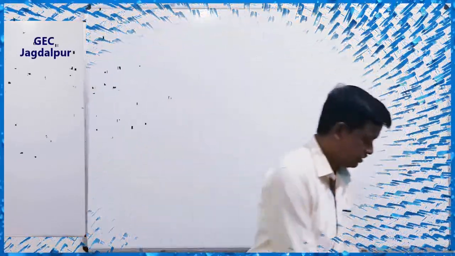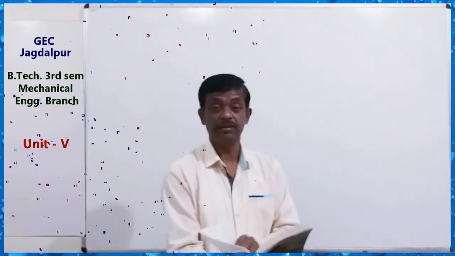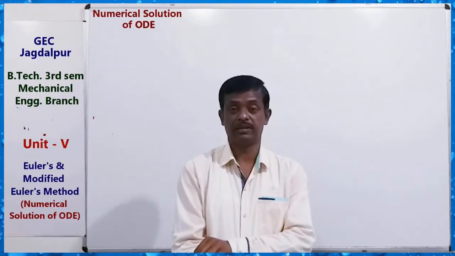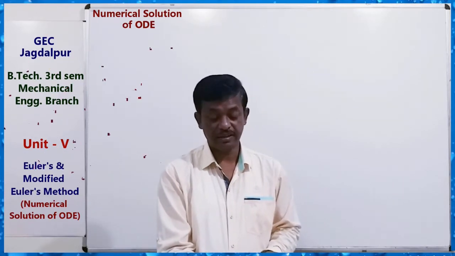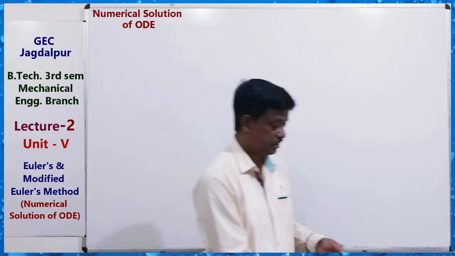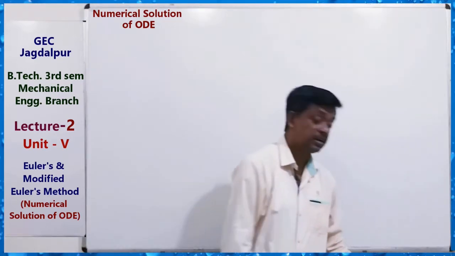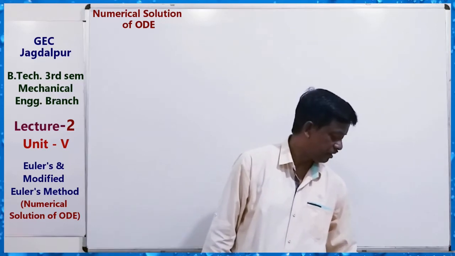Hello dear students, today I will discuss Euler's method for the numerical solution of differential equations, and then Euler's modified method. In the previous class we already saw Picard's method and the Taylor series method.